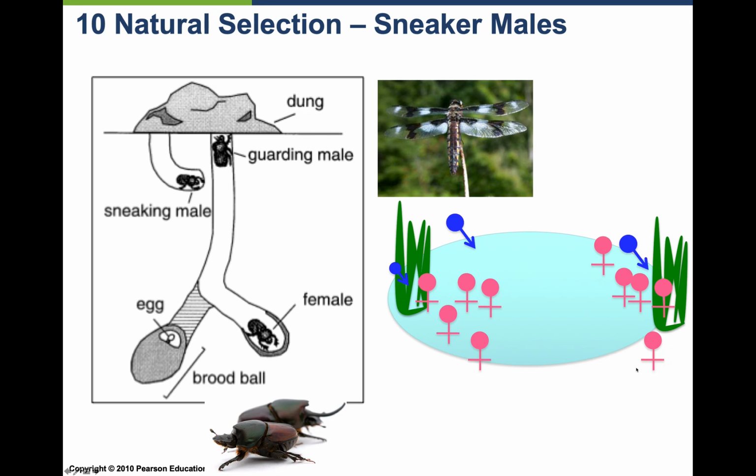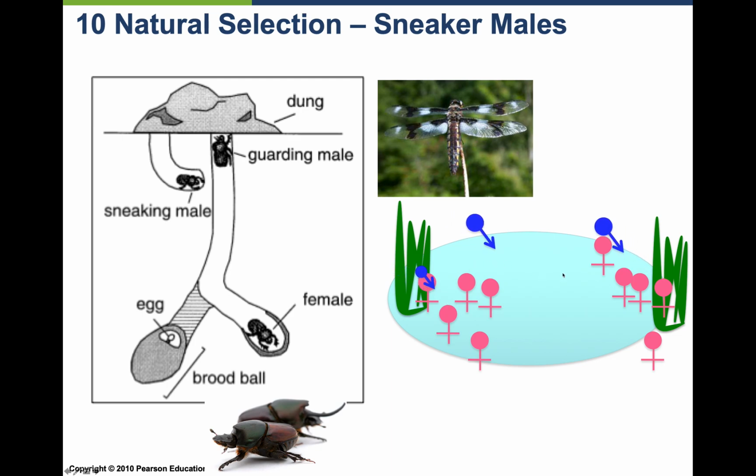So here's another example in dragonflies, which is pretty fascinating. You have the sneaker male here, and you have two dominant males, and these two keep guard of a set of females. They don't allow those females to move out.